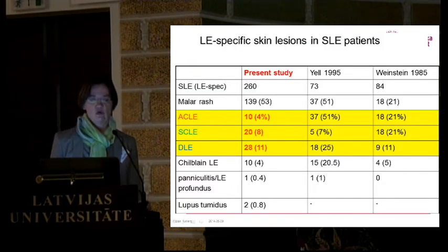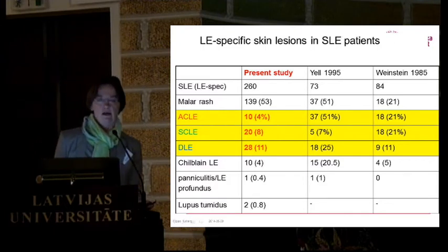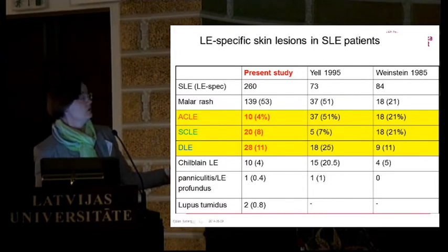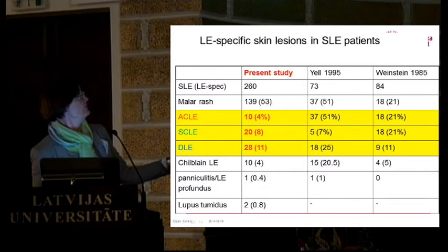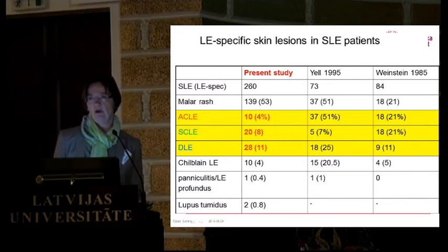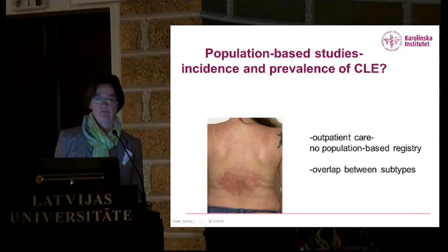And this was in Stockholm, and I will just briefly show you, compared to other older studies, that in our 260 patients, we found butterfly eruption in only 4% compared to 51% in earlier studies, and that is because we made acute cutaneous lupus histology verified, whereas malar rash, we had 53%, meaning that if you only go by history, you will find the malar rash, but that's very unspecific and can be all sorts of other dermatological issues.